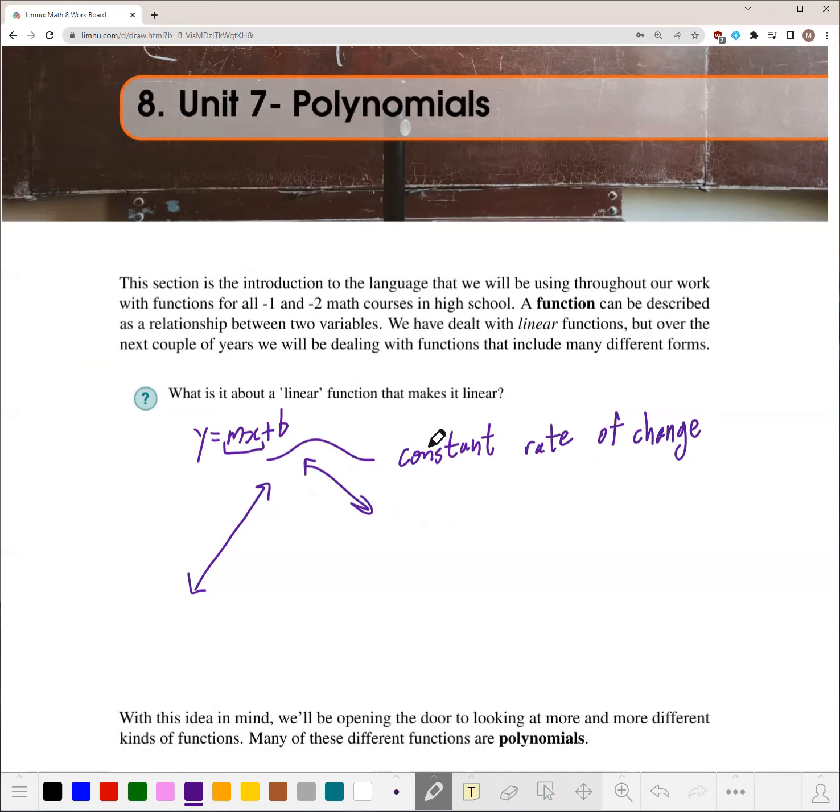And so what makes it linear? Having just x. So another way we can say this is x has to be a first degree. And so this means that there's just one x, right? Or x to the power of 1. And that's different than if I wrote something like x squared, which has a huge difference now. If that m were attached to an x squared, it would totally change the shape of our graph.